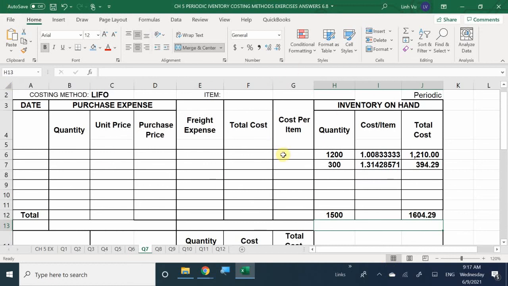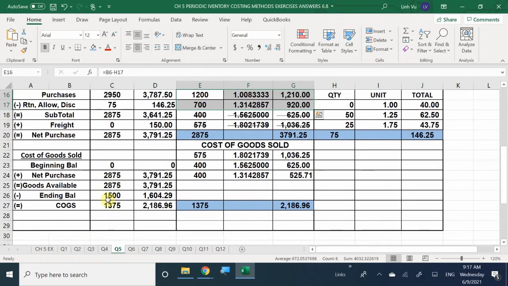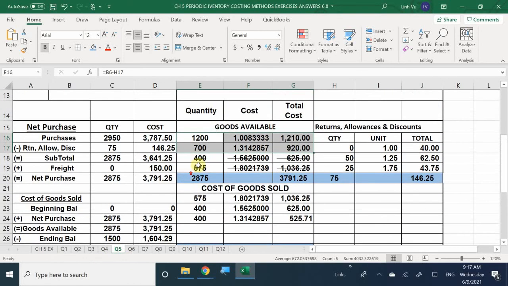Which batch did you take this inventory on hand from? We took it from our previous worksheet right here, right? We said that our goods available was 1,500, right? So what I did was I transferred from my goods available right here, these 2 numbers. But we know that we dipped into this batch here.